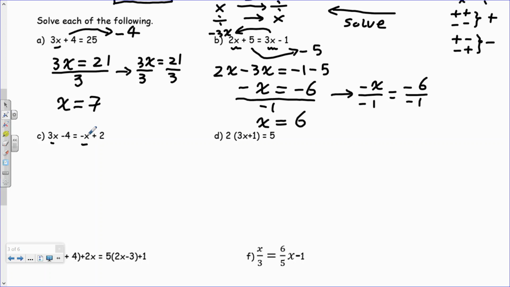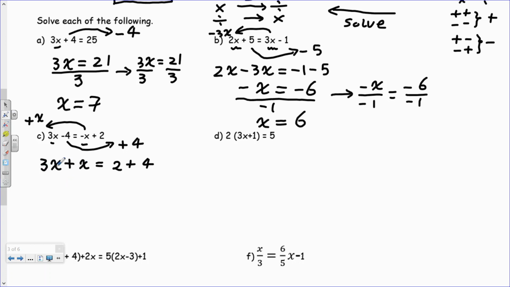We want x by itself at one side, so we need to put the variables on one side. Minus x moved to this side will be plus x. And -4 moved to the other side will be +4. So you are going to have 3x plus x equals 2 plus 4.